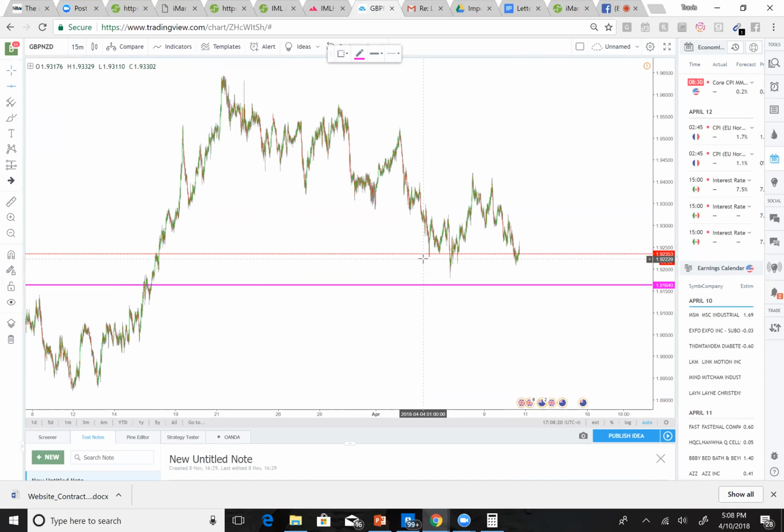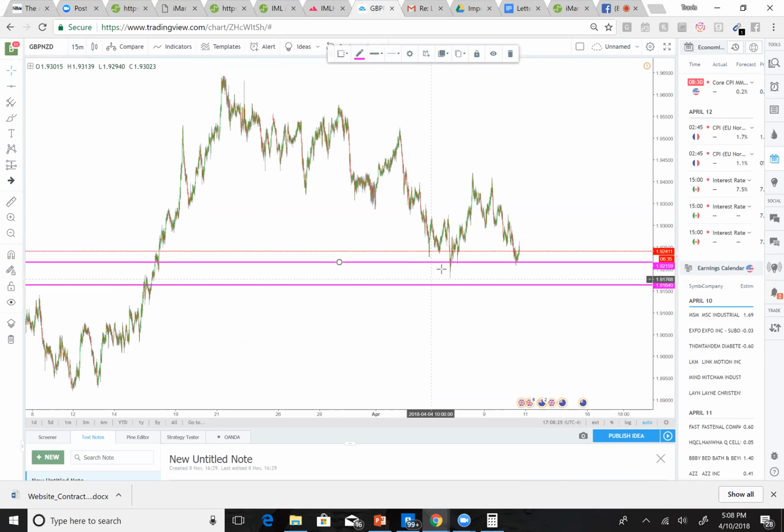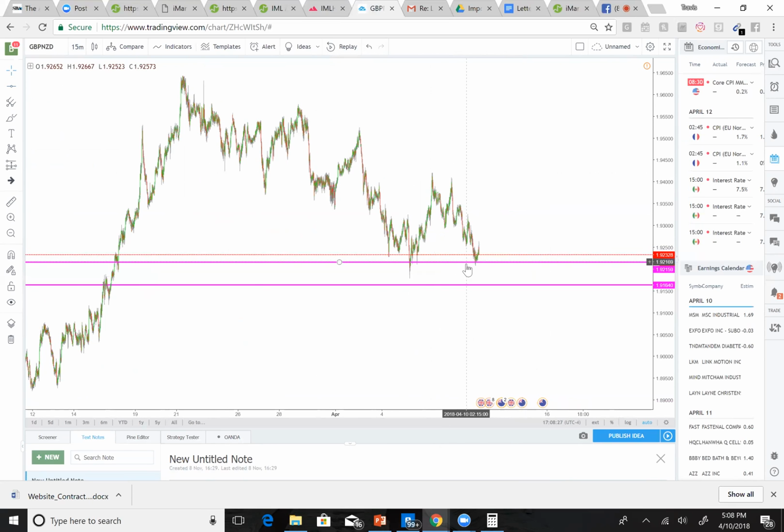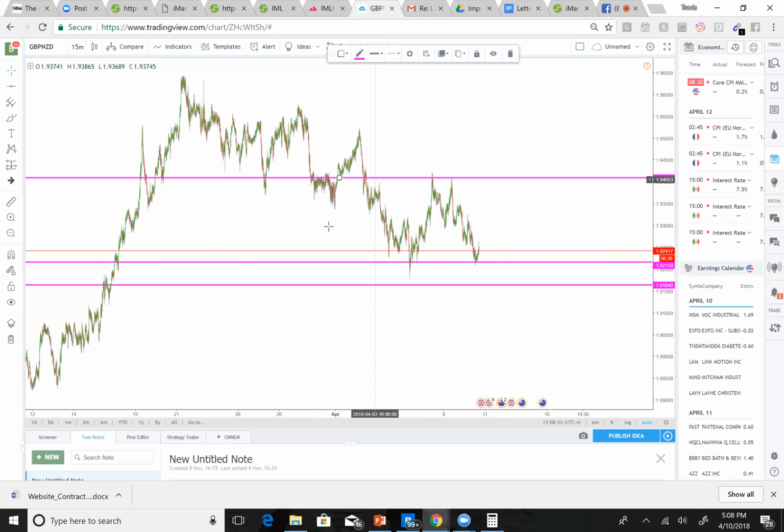So I could come here and do a 15-minute support and resistance and draw it up. Like this was the 15-minute chart. I'm doing my 15-minute support and resistance. All right, same difference. Right there.